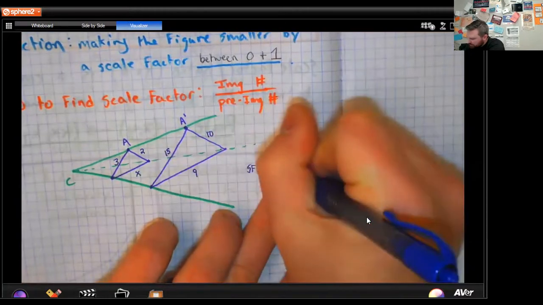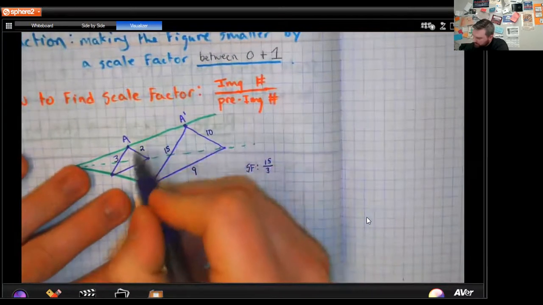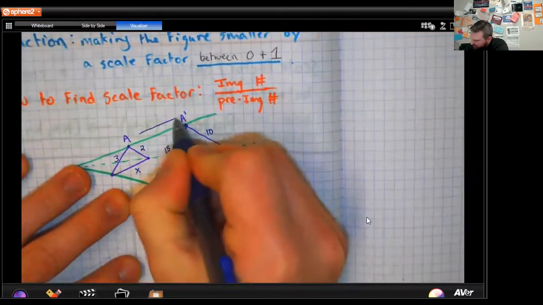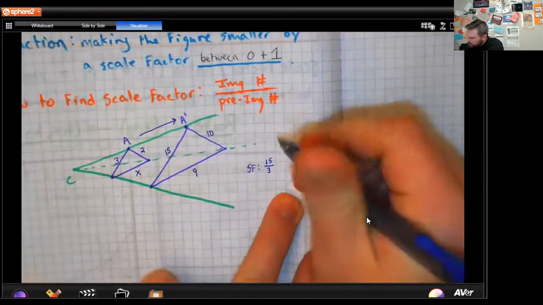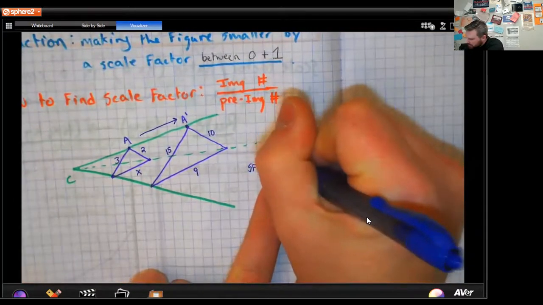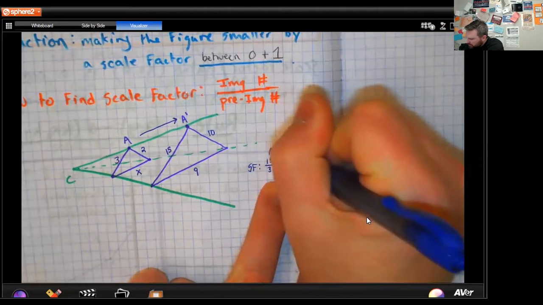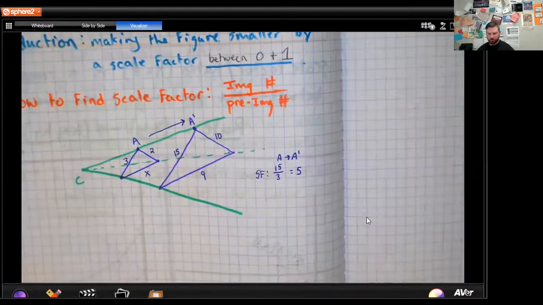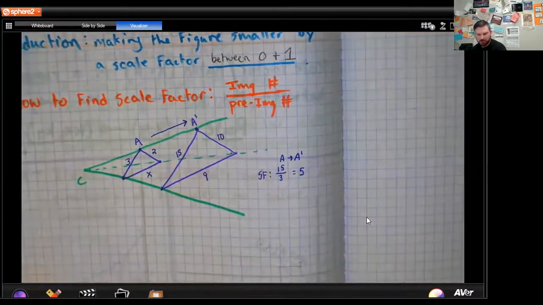So your scale factor from the pre-image to the image going this way, from A to A prime, is 5. Okay, it is getting larger. Your image is getting larger.